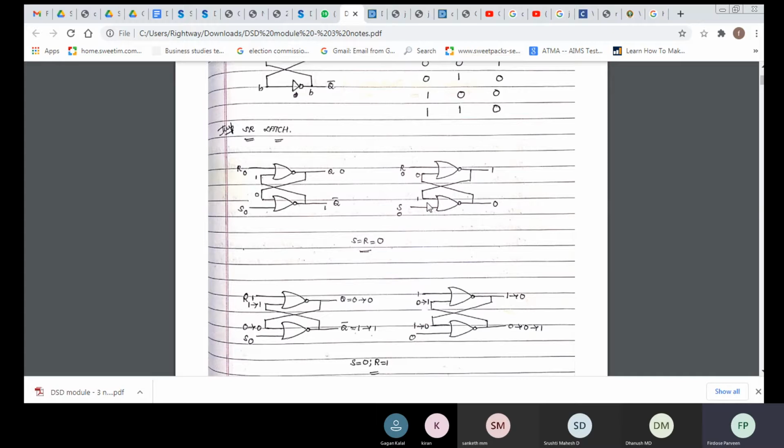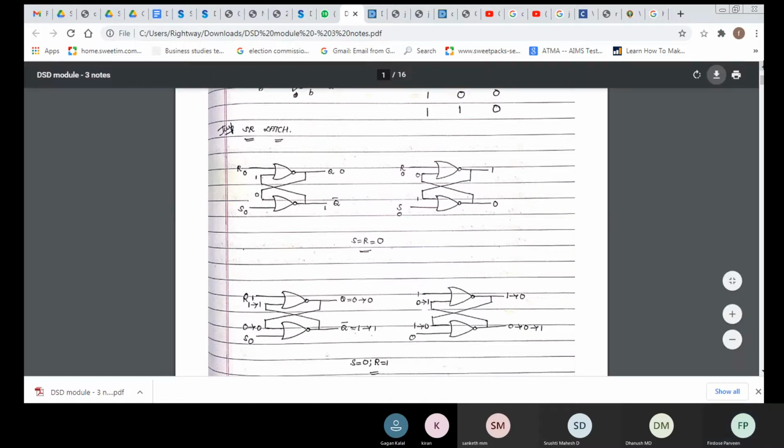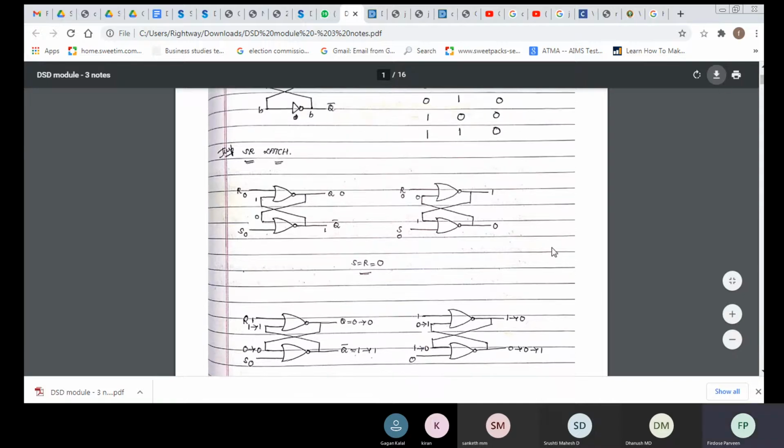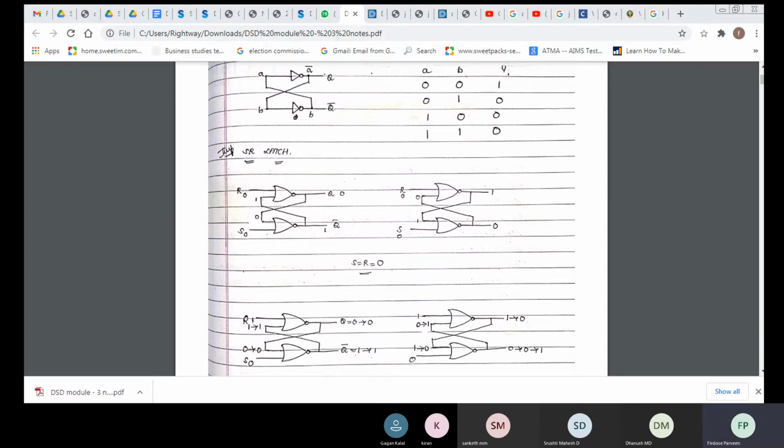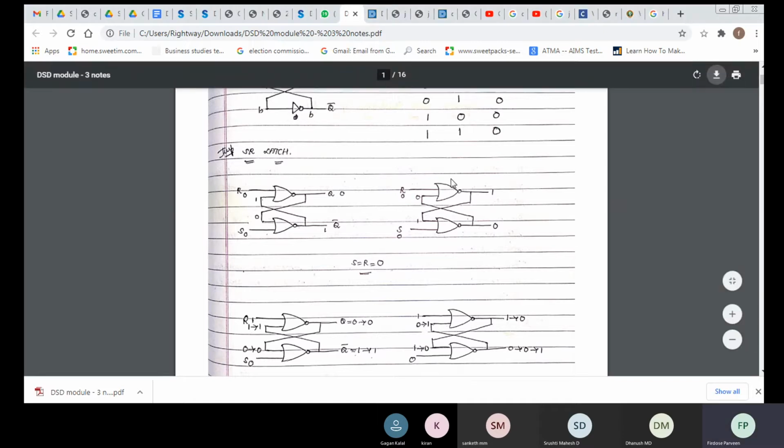When this becomes 0 1, the output will be 0. So when this is 0, you will get 0 here as well. So it is 0 0, and for 0 0, the NOR gate output is 1. So it is 1.